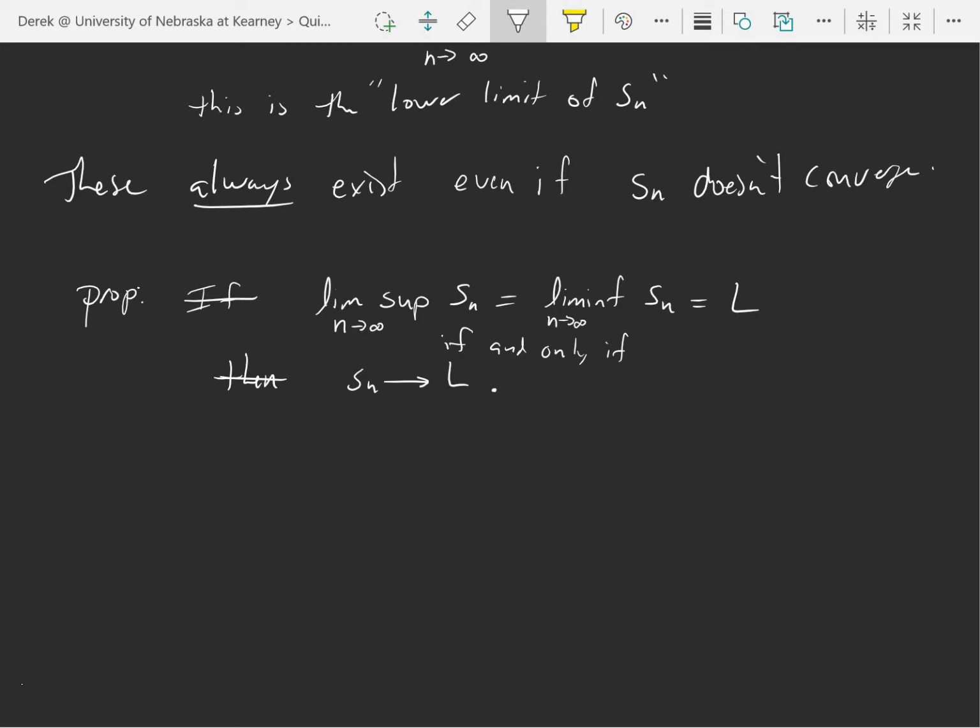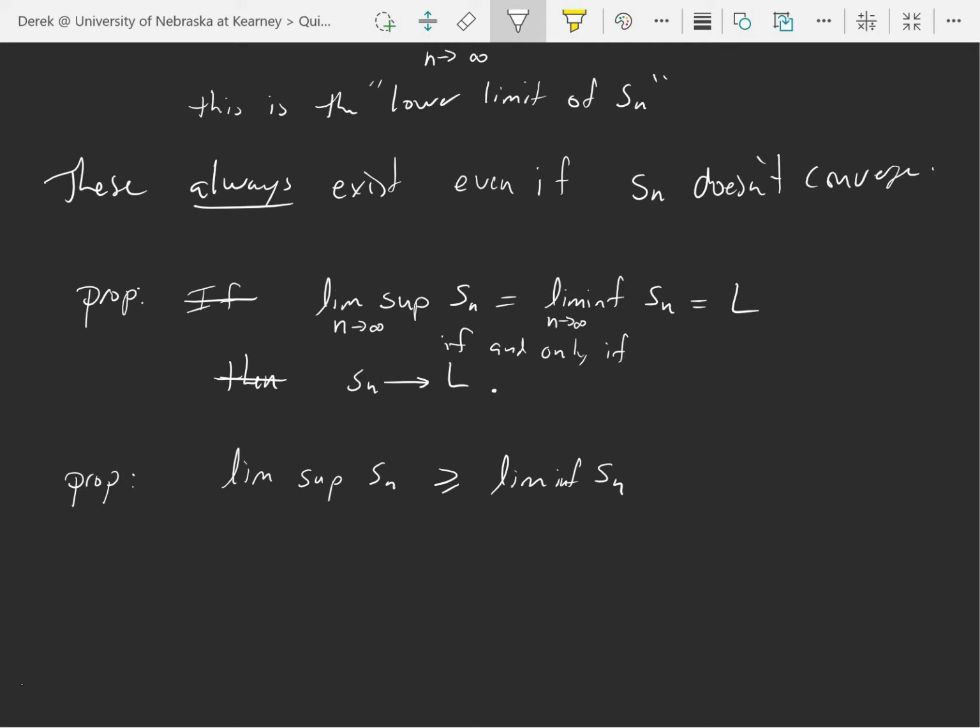So another little proposition: lim sup of S sub n is bigger than or equal to lim inf of S sub n, and I'm not going to prove that. I mean, the supremum of a set is bigger than the infimum of a set, so that's basically all there is to it.